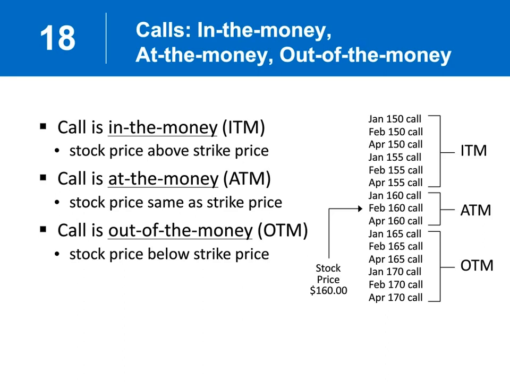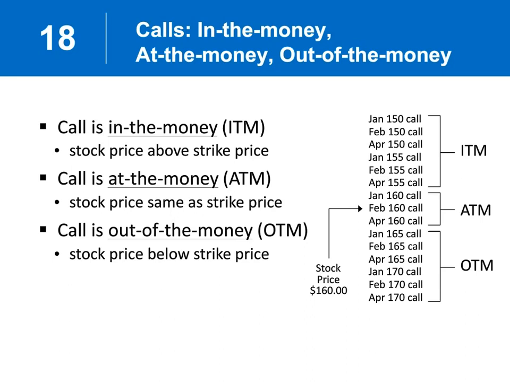You can't determine whether calls or puts are in or out of the money unless you know the stock price. And remember, stock, index, or ETF prices, that's what drives the value of options, that underlying price along with some of the other pricing components, but that underlying stock price is really important. So in our example here, we've got a stock price of $160.